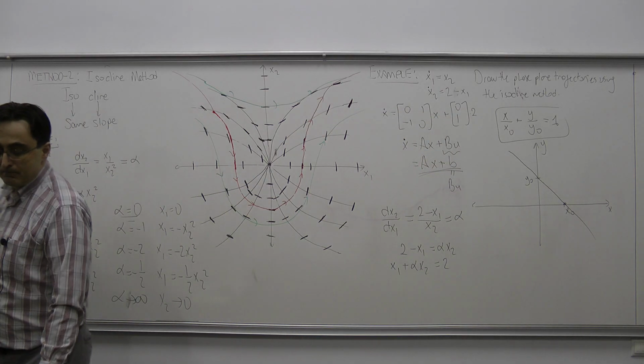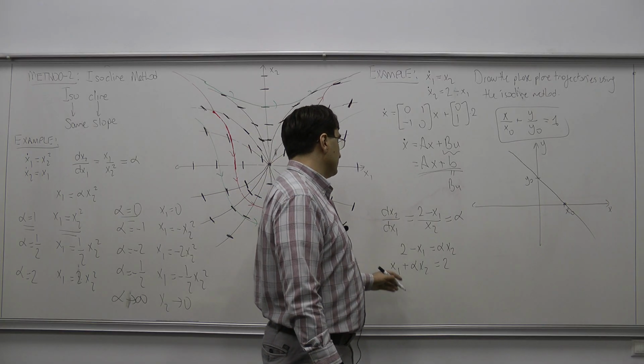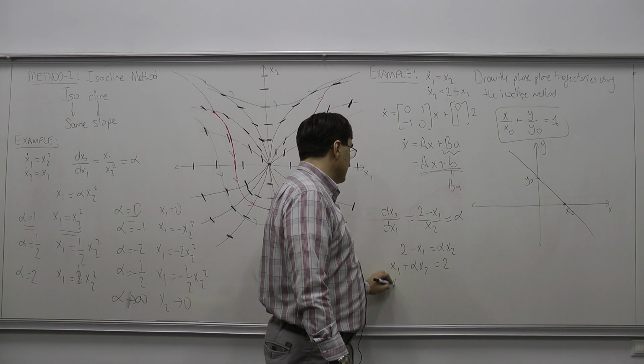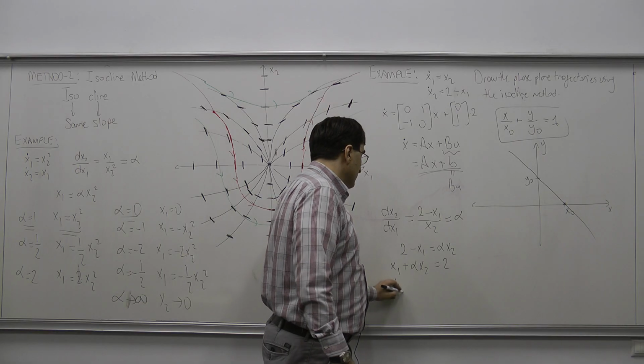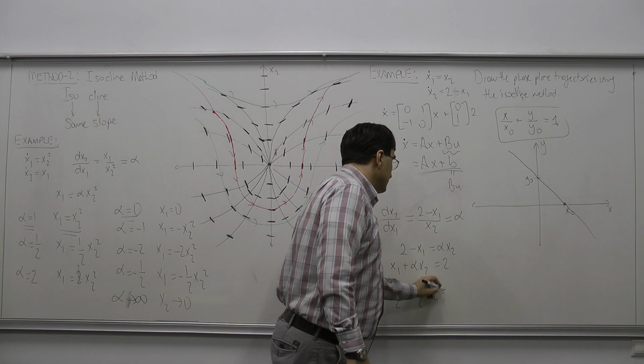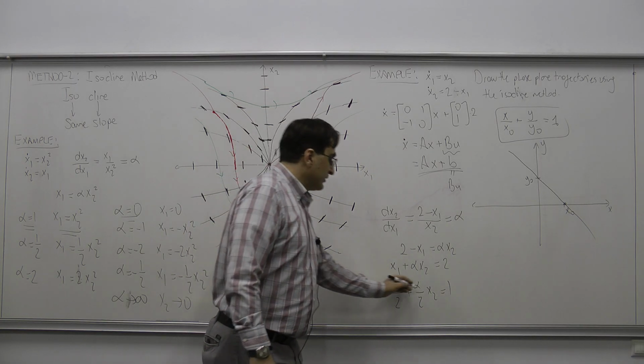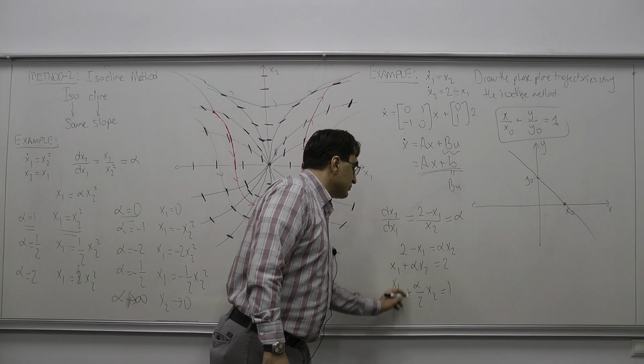First, let us make the right-hand side equal to 1 for all alpha cases. Divide both sides by 2: x1 over 2 plus alpha over 2 x2 is equal to 1. But I don't really want the coefficient of alpha here.